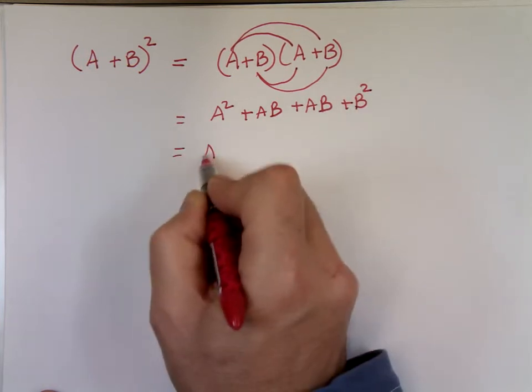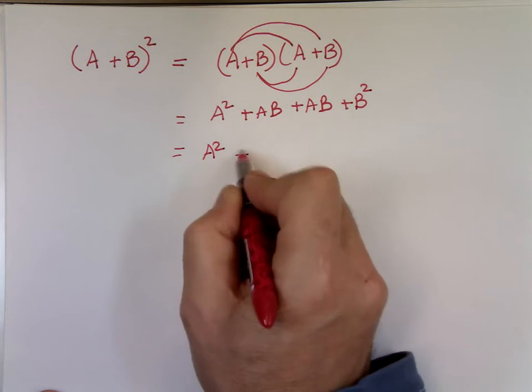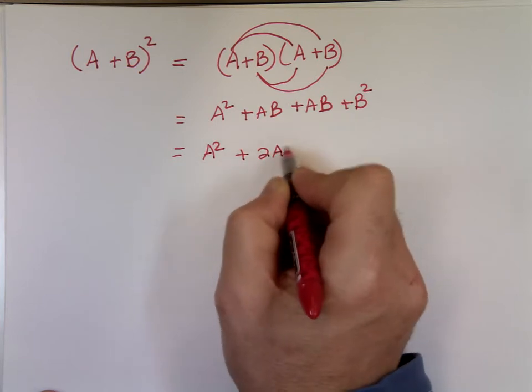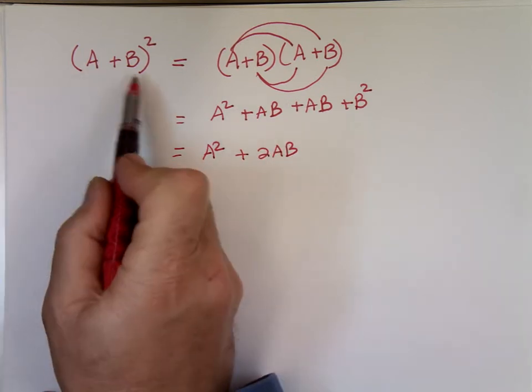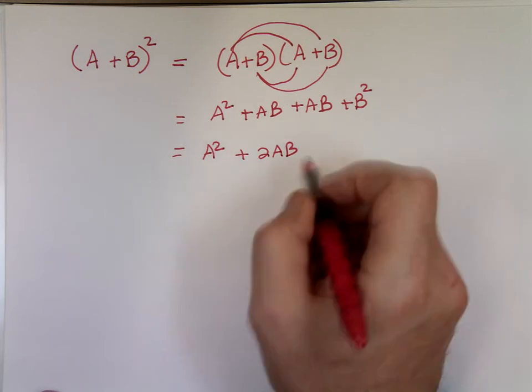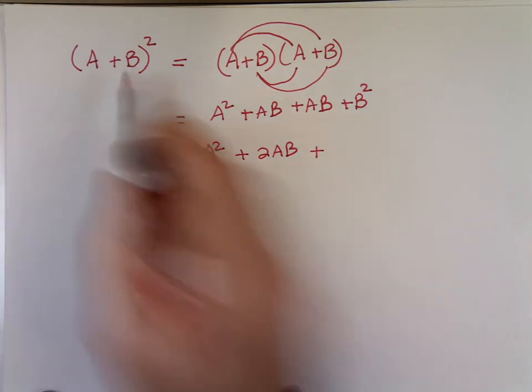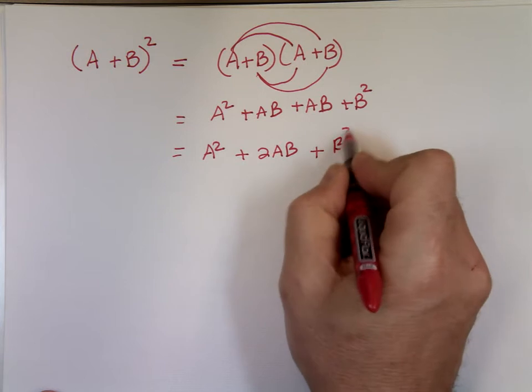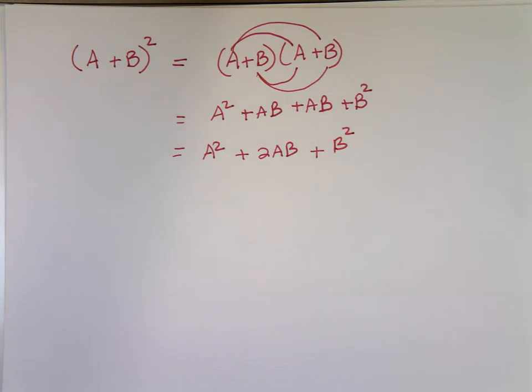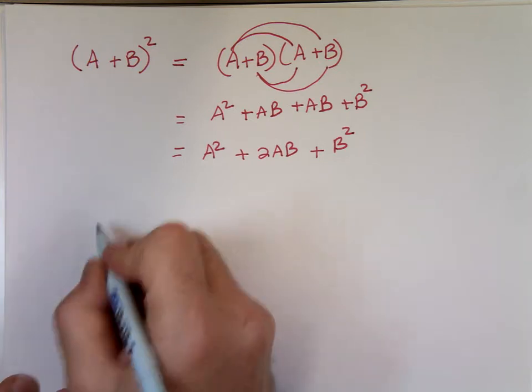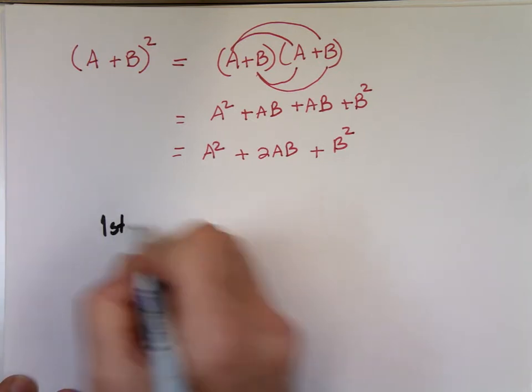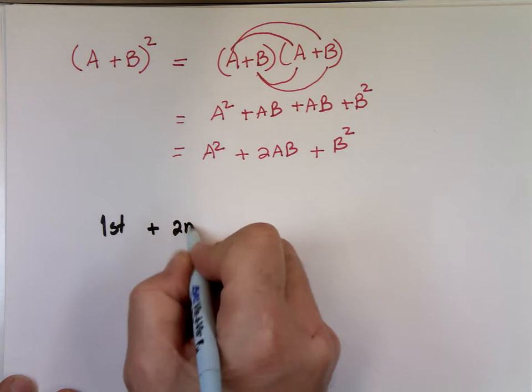So it's the first one squared. There's two of these, so 2 times this times that. That's what this piece is. And the last one is this one squared. Okay, I get it. So in English, we'll do it one more time. If you have the first term plus the second term, you have two terms and you want to square them.